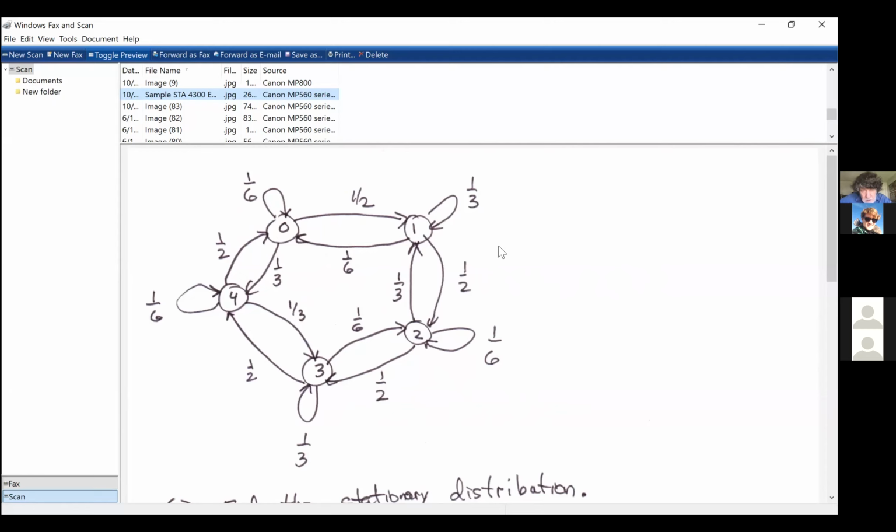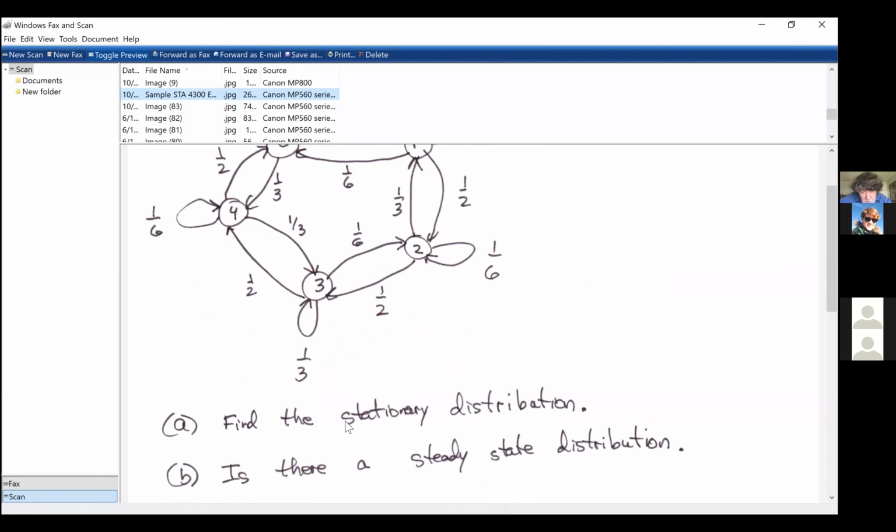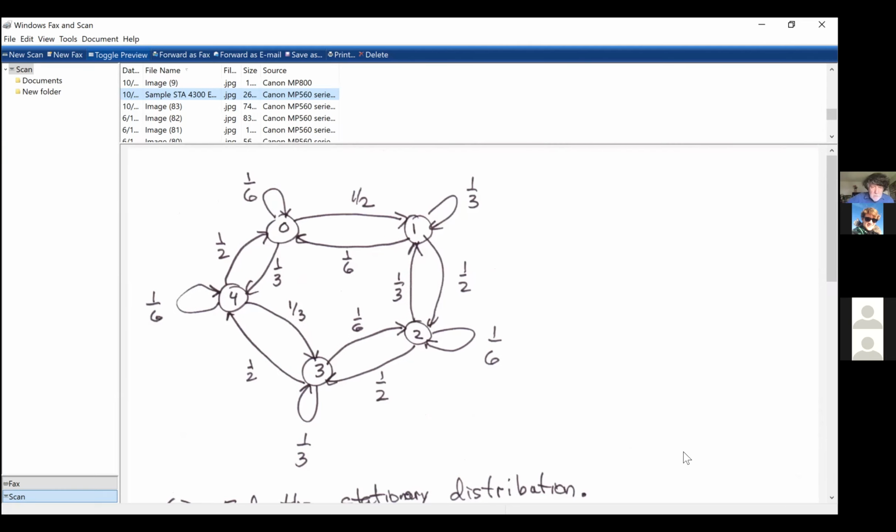This is a Markov chain having 5 states, 0, 1, 2, 3, and 4, with the transition probabilities as given. Find the stationary distribution. Is there a steady state distribution? That should have been a question mark, but that's okay. Anyway, that's a problem you could see on the upcoming exam. How would I expect you to do this problem?